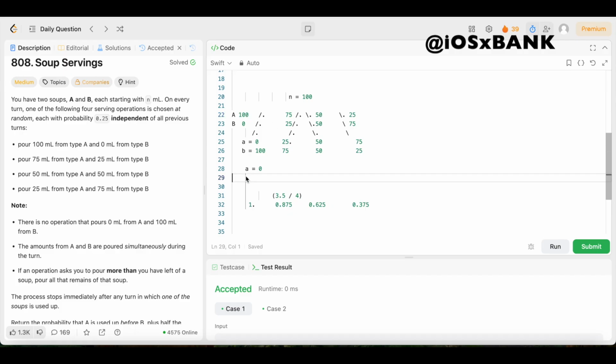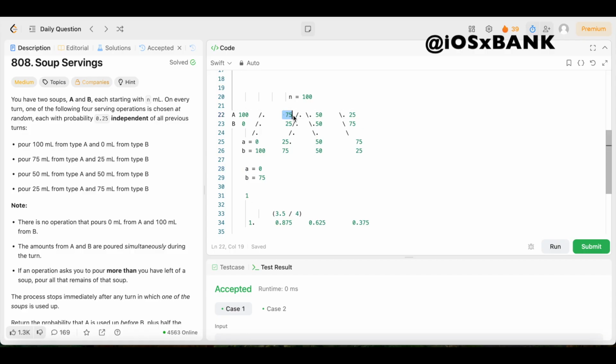So A becomes 0 and B will stay at 75 because we're pouring out 0 from B, right? So now that's just 1.